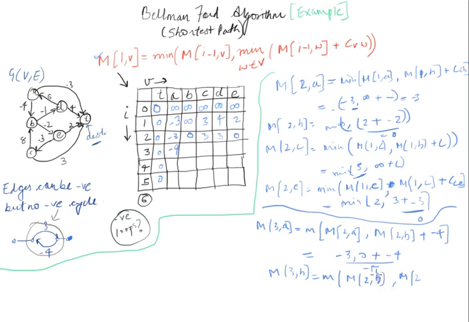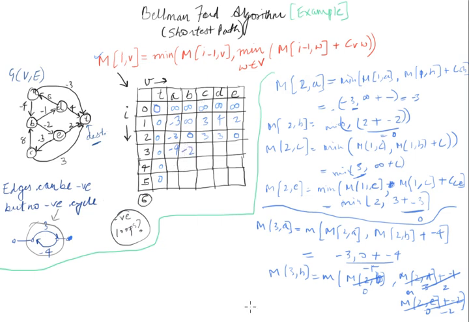It's either M2B or M2,D plus cost of B to D, which is minus 1, or M2E plus the cost BE, minus 2. So M2B is 0, M2D is 3, and M2E is 0. So minimum of 0, this becomes 2 and this becomes minus 2. Minimum of 0, 2 and minus 2 is minus 2. So this will be minus 2.